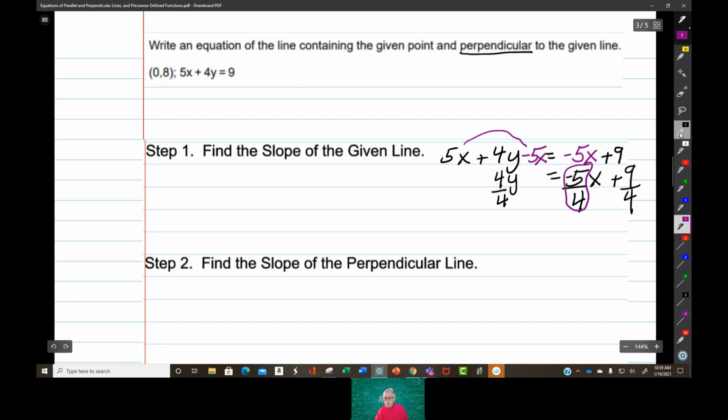What we're looking for is the slope. Okay, the slope of the given line is negative 5/4.